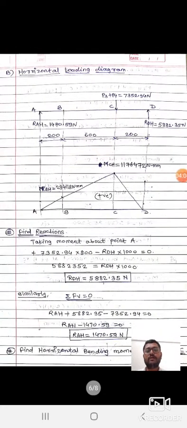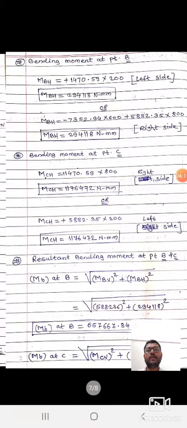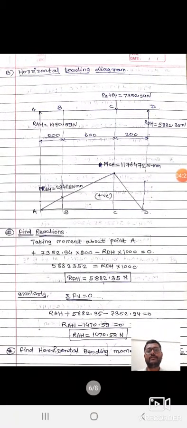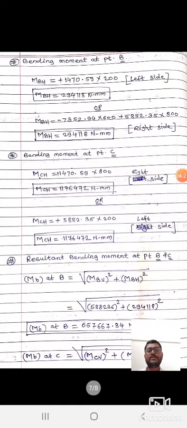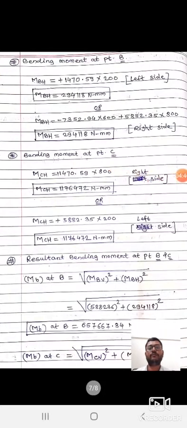You have to just consider either the left side forces or the right side forces of point B. Considering the left side force to calculate the bending moment at point B, MBH is equal to the left side force RAH, equal to 1470.59, and it is clockwise, that's why we consider it positive, into the perpendicular distance between points A and B, which is 200 mm.